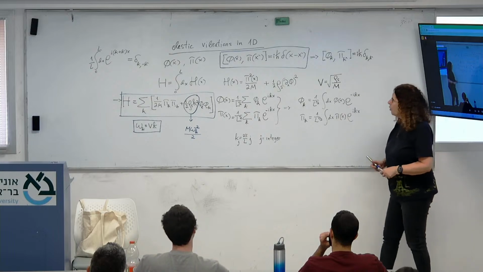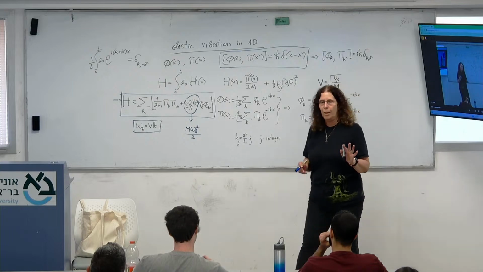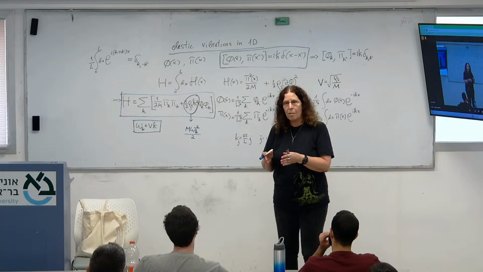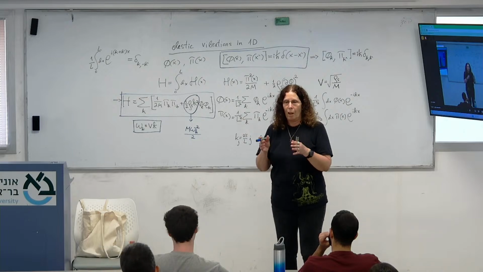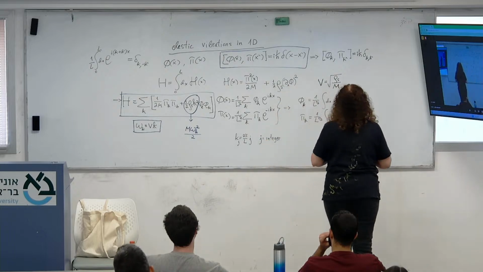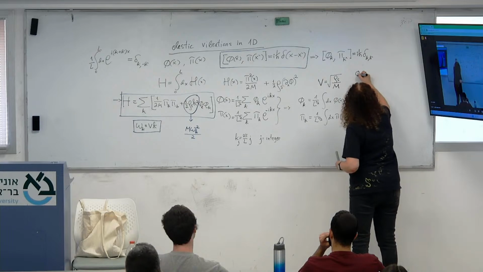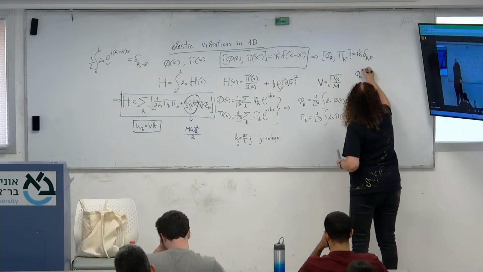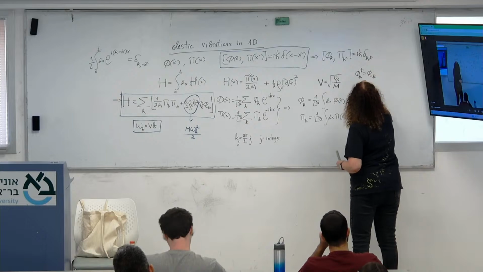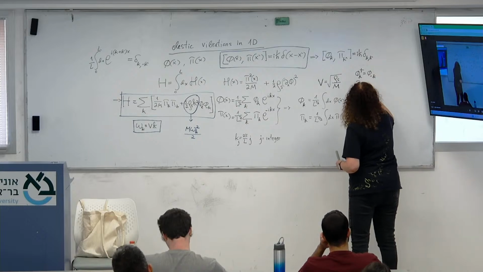So this is actually a mathematical statement about any field that in real space is Hermitian. Its Fourier transform always obeys that phi k dagger equals phi minus k, and the same is true for the momentum.